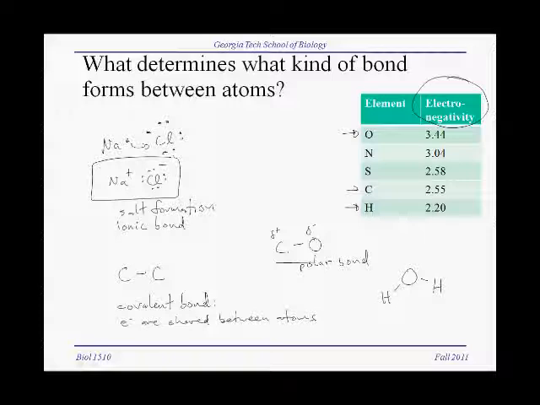These are lowercase deltas that I'm trying to write here, showing that these are partial charges, not unit charges. So water is what we call a polar molecule because it has strongly polar covalent bonds. And any bond between carbon and oxygen is also going to be a polar bond.